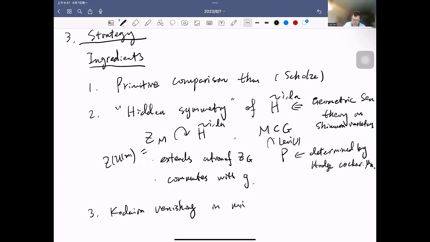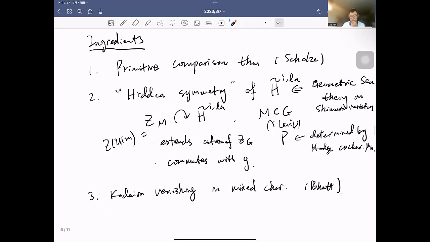He provides such a Kodaira type vanishing result, which will be enough for our work. I would say a bit more about this, and briefly explain why this will help. So let's see, I still have some 10 more minutes.